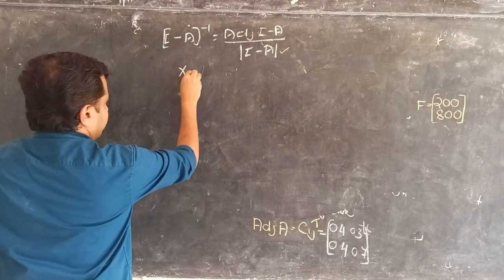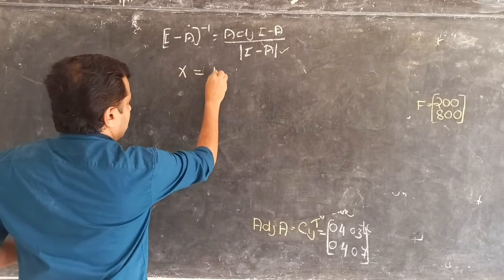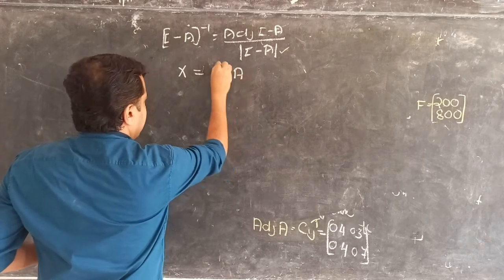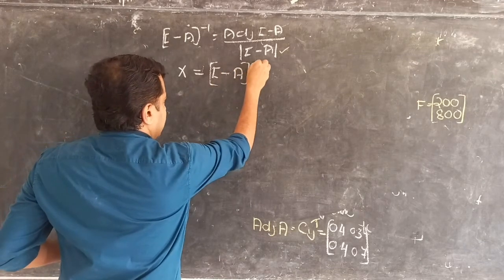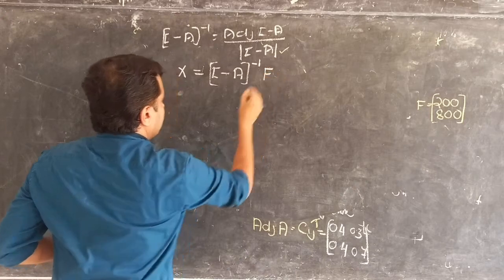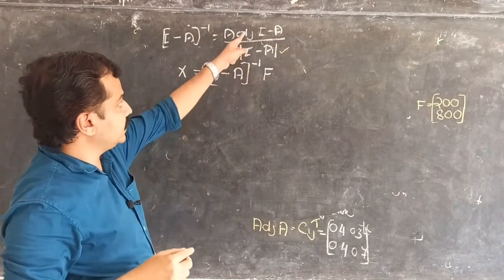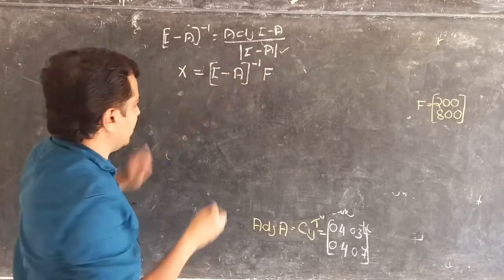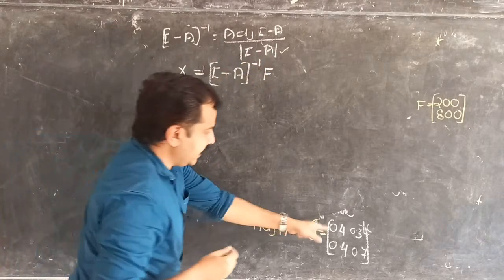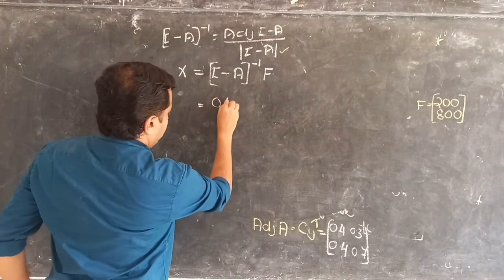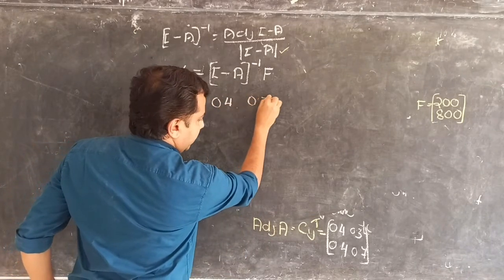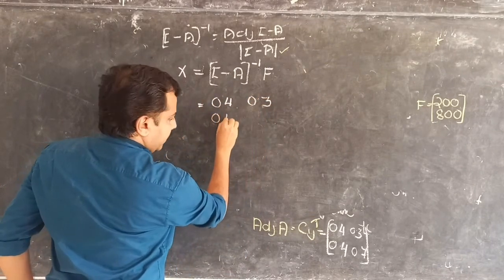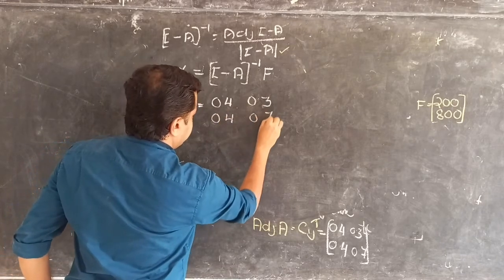We have the formula x is equal to I minus A inverse into F, where I minus A inverse is the adjoint of I minus A divided by the determinant of I minus A, into F. So the adjoint we already had here, like 0.4, 0.3, 0.4 and 0.7.